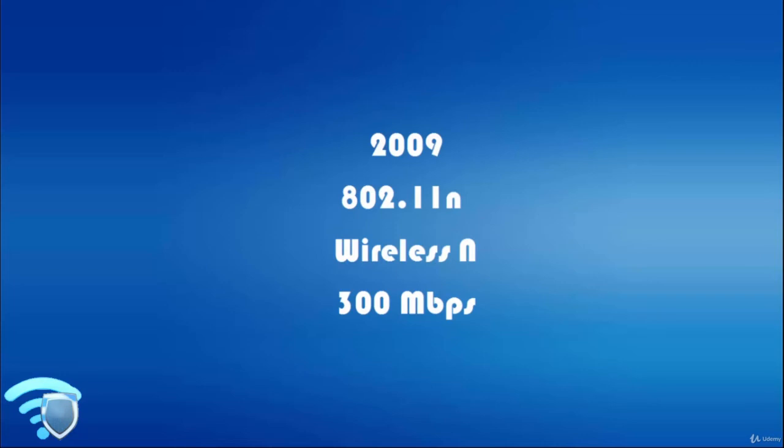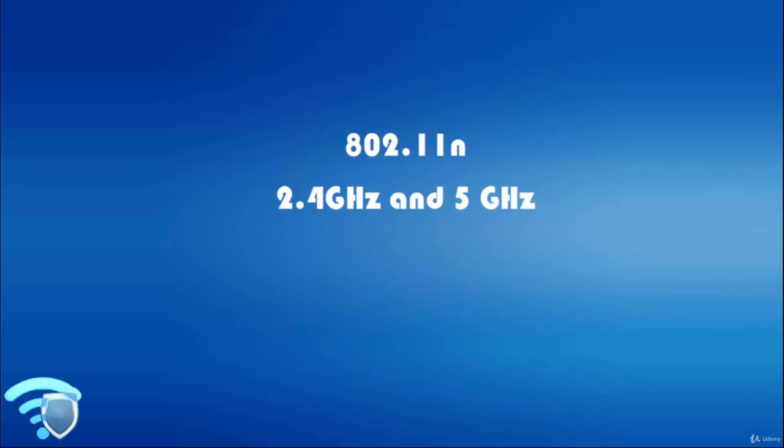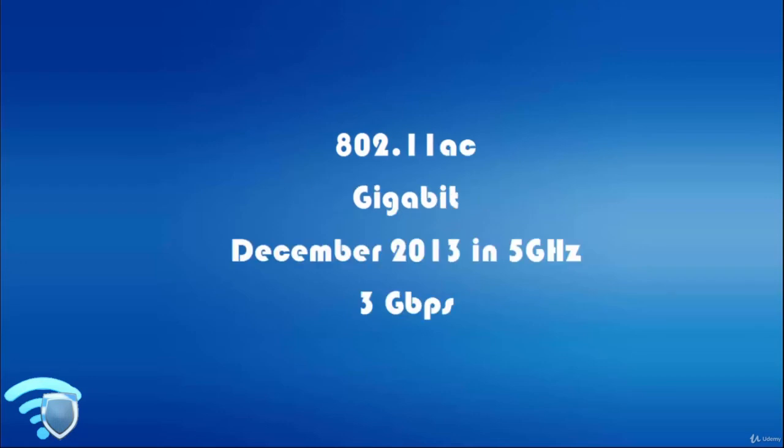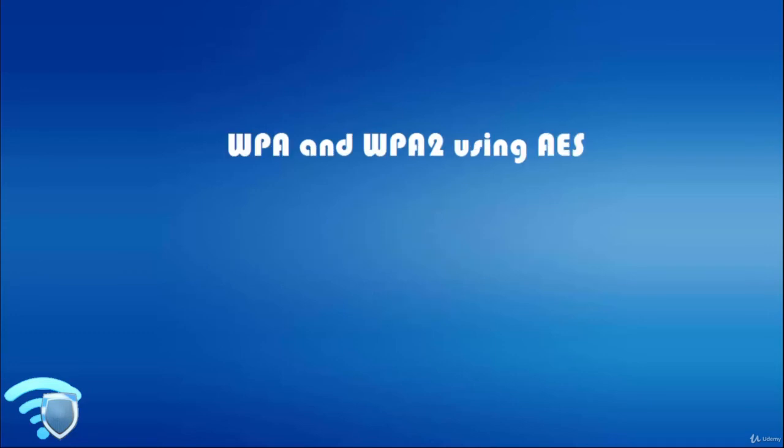To fix this problem and plan for the future, the IEEE created 802.11n to work in both the 2.4 GHz and 5 GHz range. 802.11ac, often called Gigabit Wi-Fi, was released in December 2013 and works only with the 5 GHz band. It can transfer data at a maximum speed of more than 3 Gbps. WPA and WPA2 still use AES as the main encryption for Wi-Fi.